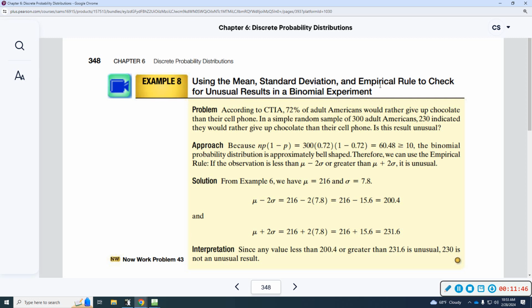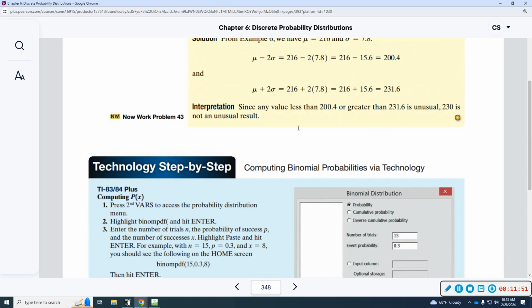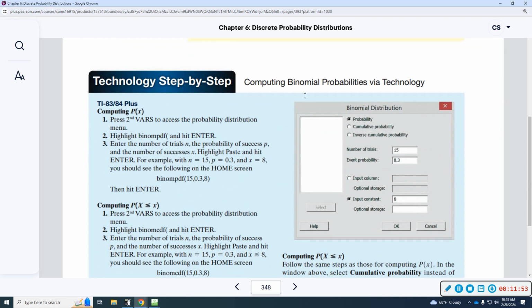And then here is a way to check the empirical rule, which we'll see a little bit more as we go. And then here's some step-by-step ways to use technology, how to input it. In a calculator, it's showing you that the number of trials is your first input, probability of success is your second input, and x being the number of successes is your third input, and it will output exactly 8 trials.